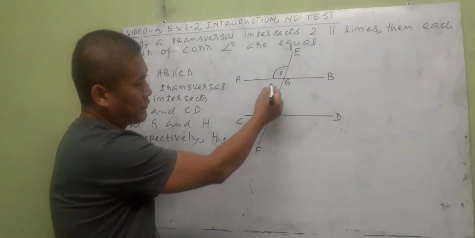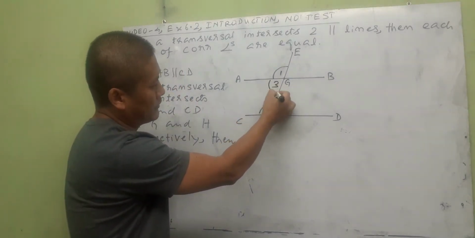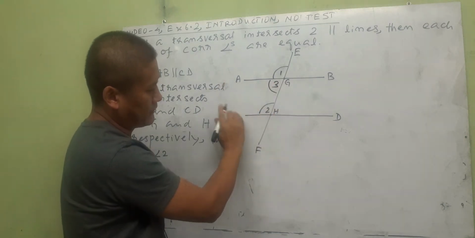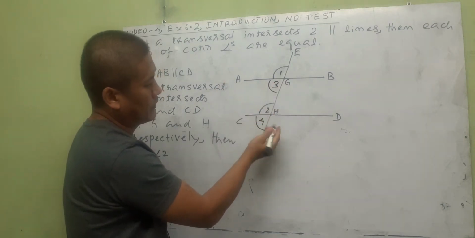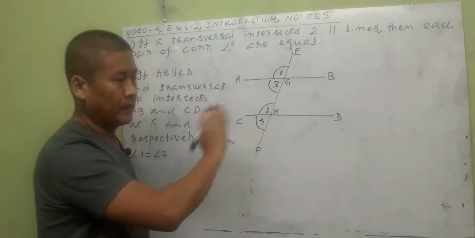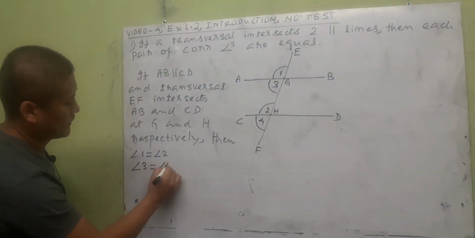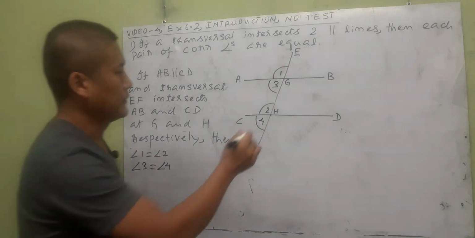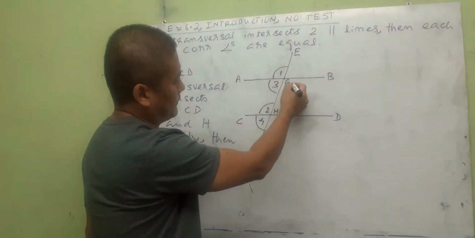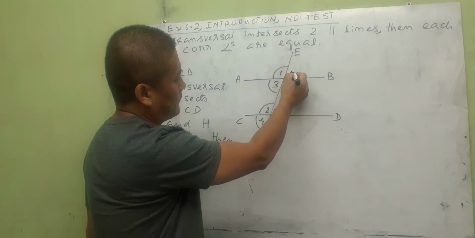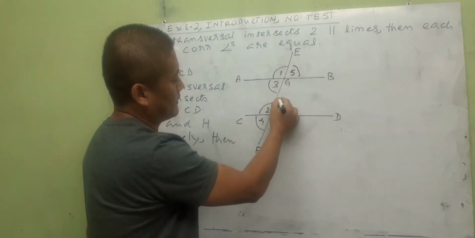There will be 4 pairs. So here 3, down on the left side, and down on the right side. These 3, the second pair of corresponding angles. Then here also 3, 4, 5 and 6, let us say.